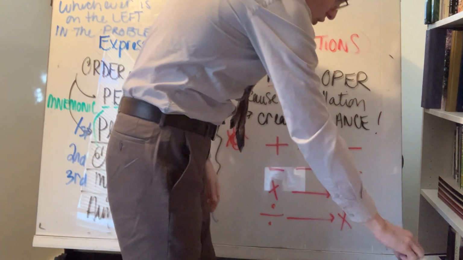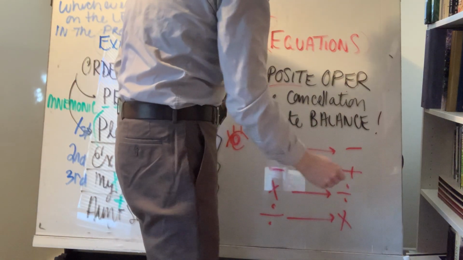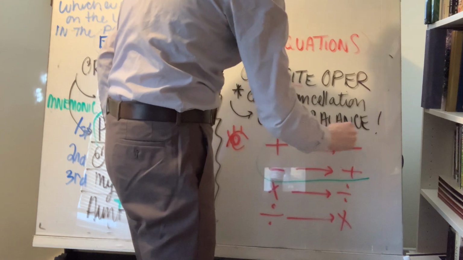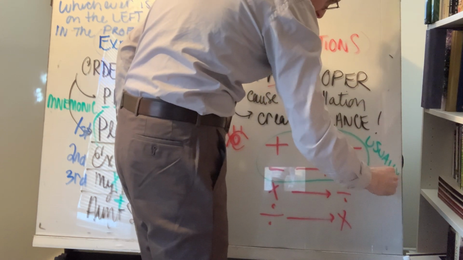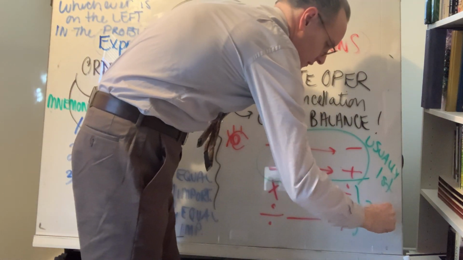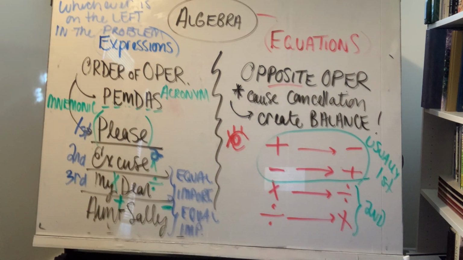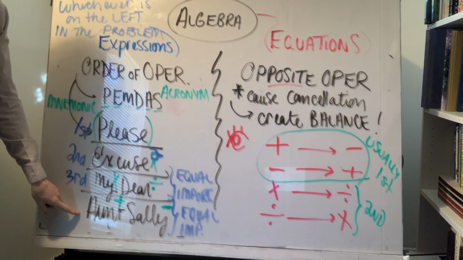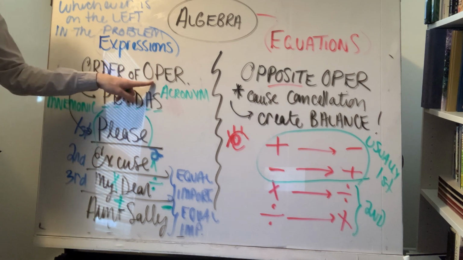Anyhow, to further distinguish these, it's usually these two that you end up doing first, right? And these usually second, right? Whereas, where do you do addition and subtraction when you're dealing with expressions and the order of operations?